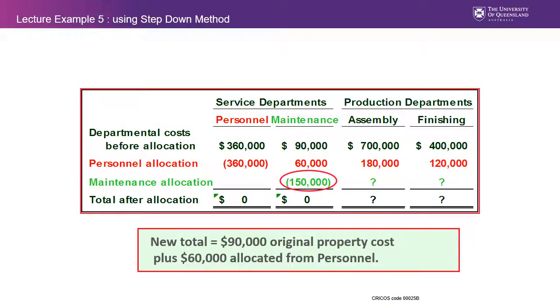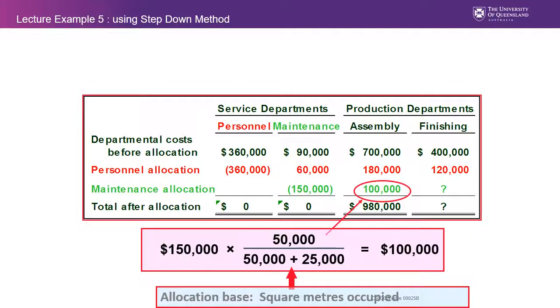Now we've allocated all the 360,000 of personnel across maintenance, assembly and finishing. Now we add together the costs in maintenance, 90 plus 60, and that gives 150,000 that we now have to allocate to assembly and finishing. And remember, we do that on the basis of the total square meters in those departments. Here, we know that in assembly we had 50,000 square meters, and in finishing we had 25,000, so that becomes our denominator.